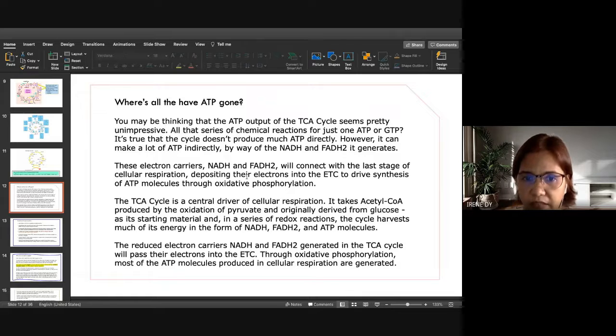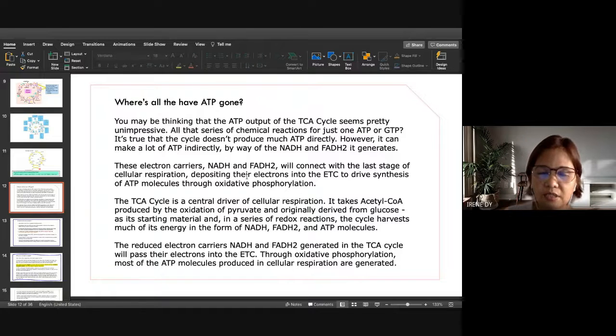Kaya uulitin natin, kung walang glucose, walang oxygen, class, hindi matatapos o magpupush through ang cell respiration. So, anong nangyayari doon? So, yung series of redox reaction. So, the cycle harvests much of its energy in the form of NADH, FADH2, and ATP molecule. So, the reduced electron carrier, NAD and FAD, would generate the tricarboxylic acid.